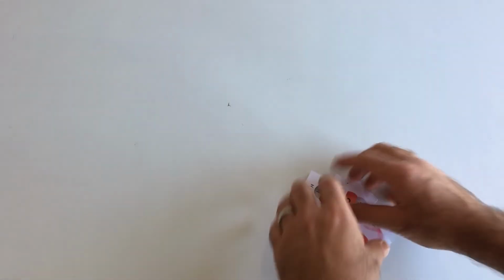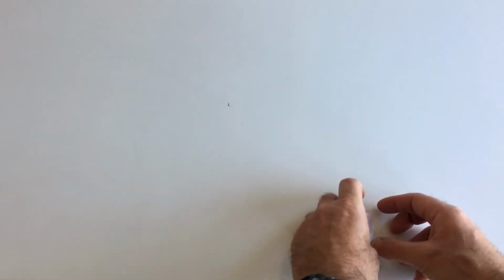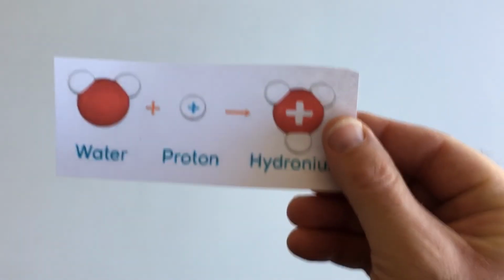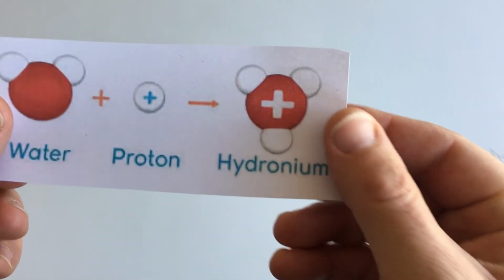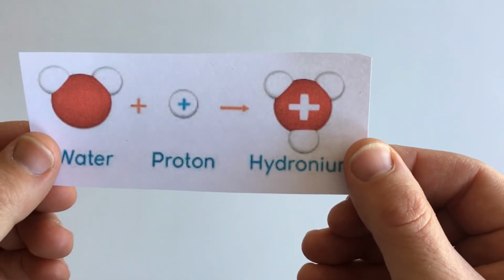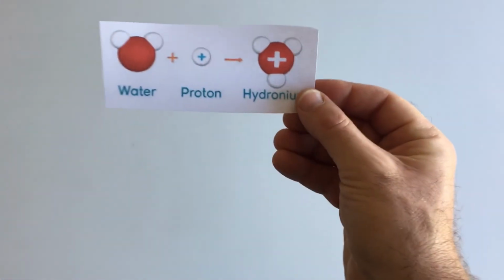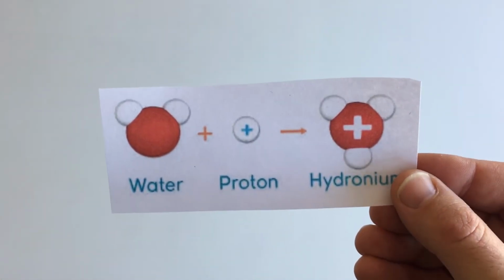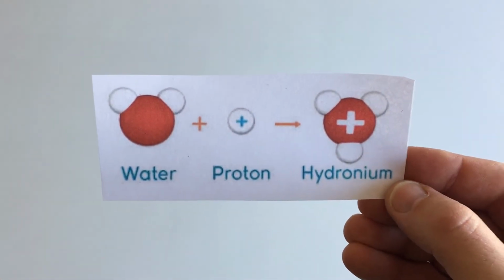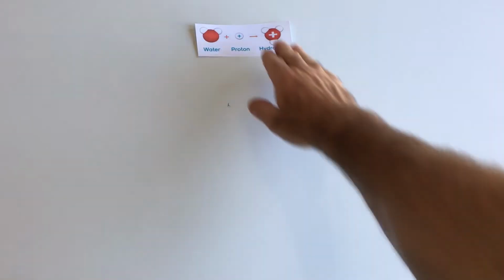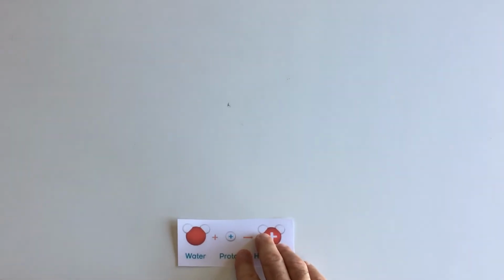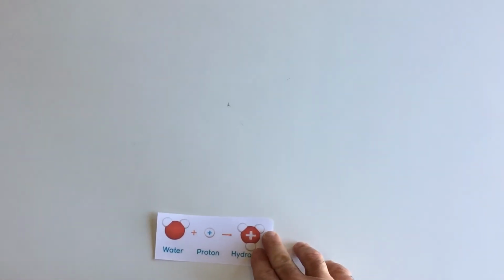So let's talk about that a little bit. Well, here's the cute little printout. Water plus a proton gives you hydronium. Ooh, isn't that nice? Now, there it is. Pause it if you need to read that. And I'm just going to put it down, because then it'll be slightly larger because of forced perspective.